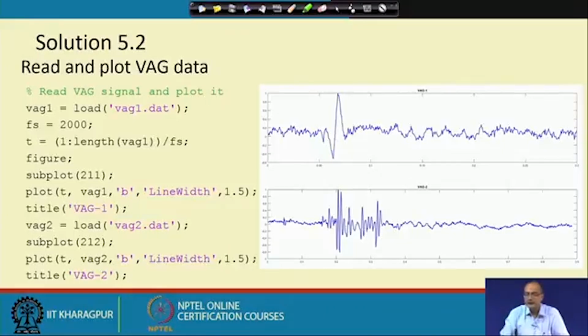The first one, the duration is small, the second one, the duration is big, and more kinks appear to be there in the second one.